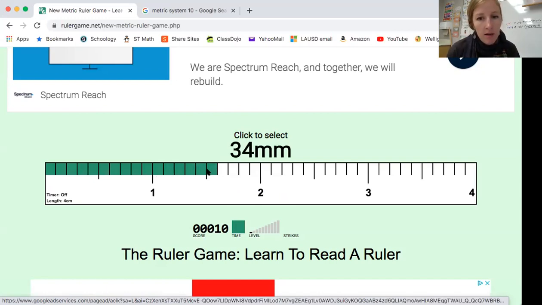So I have 10, 20, 30, 31, 32, 33, 34. 2 millimeters. Those are the small units all the way down there. 4/10 of a centimeter.